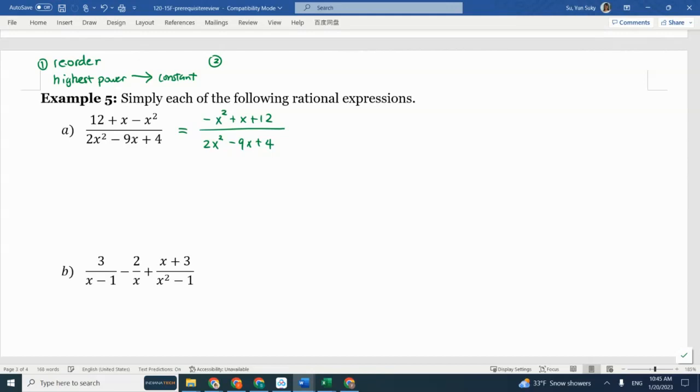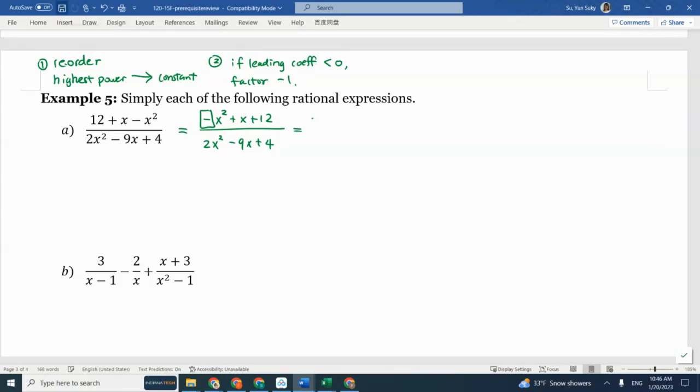Second step, make sure your leading coefficient is positive. If your leading coefficient is not positive, factor it. Do you know what leading coefficients are? It's the coefficient of the highest power term. So in this case, the highest power term is negative x squared. The leading coefficient is minus 1. Yes, everybody? And here, the leading coefficient is 2. Exactly. So if the leading coefficient is negative, we factor out the negative 1.